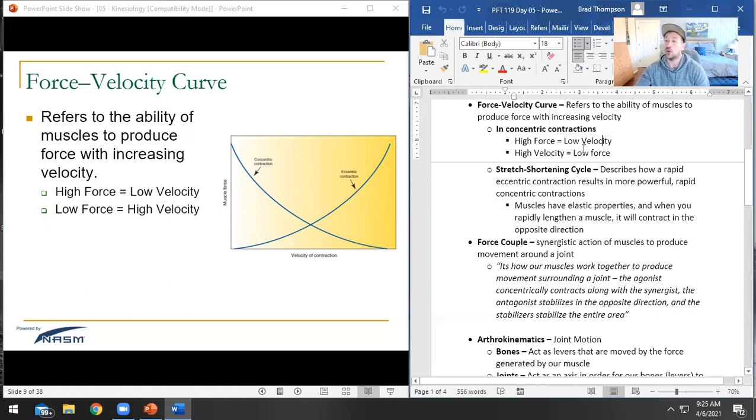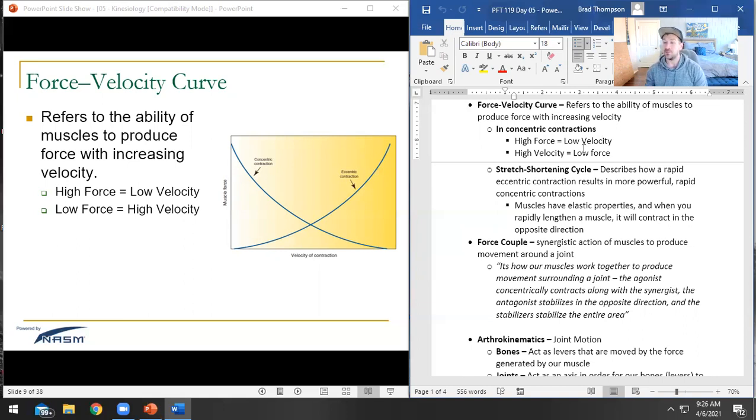Picture the last time you were doing something really heavy, trying to get the lift over with, but you're not exactly moving very quick. That's a high force, low velocity situation.